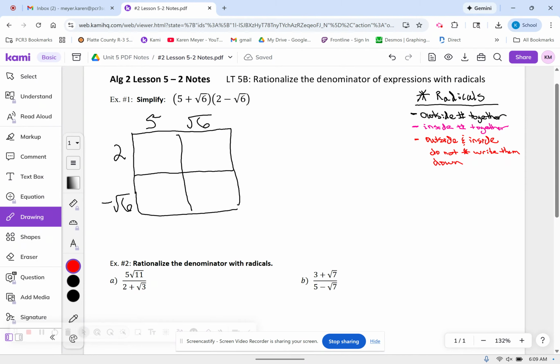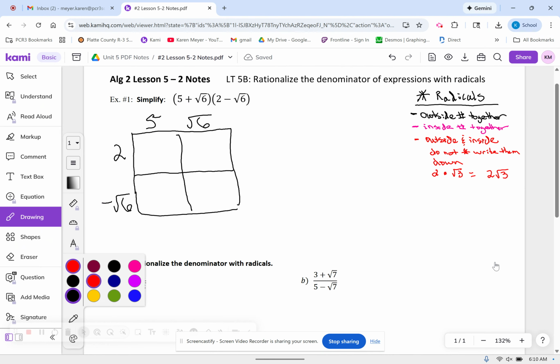So for example, if I'm going to take a 2 and multiply it by a square root of 3, I'm just going to write both of them down, but I'm not going to keep the times symbol in between them. I would just write it as 2 and then square root of 3 right next to it. So I would just attach them together.